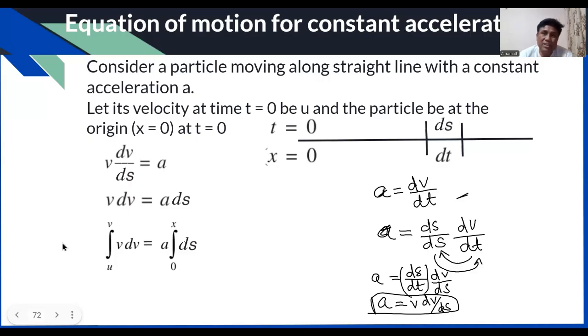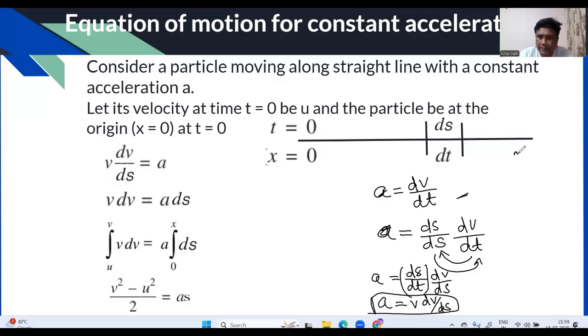So the integration of v dv is v square by 2. Put the limits v and u, first the upper limit, then the lower limit. It is simply v square minus u square by 2, and the integration of ds is s only.